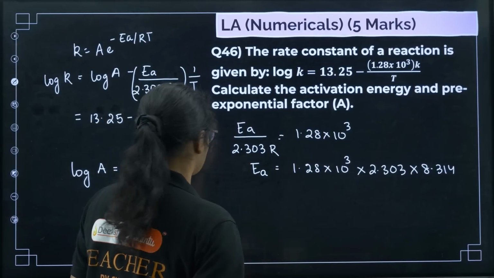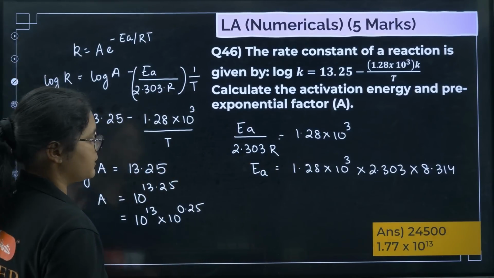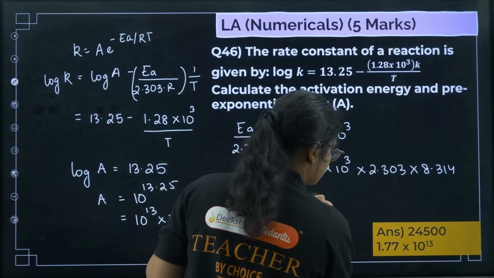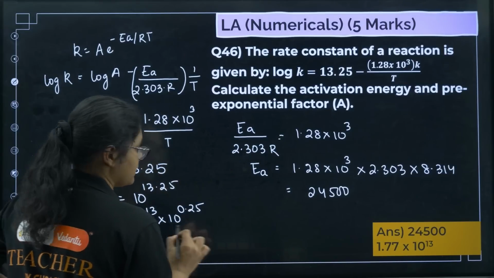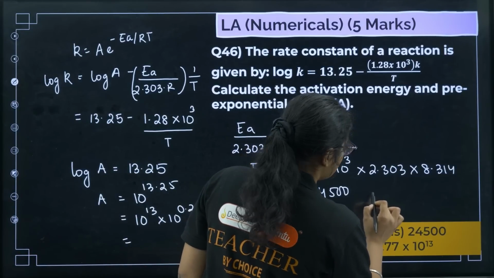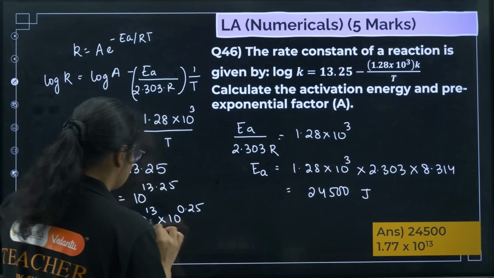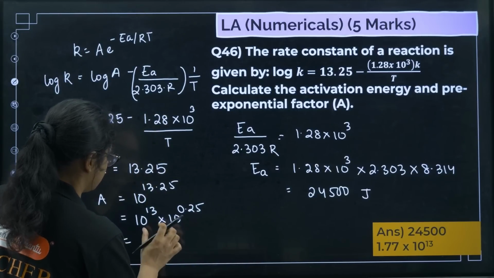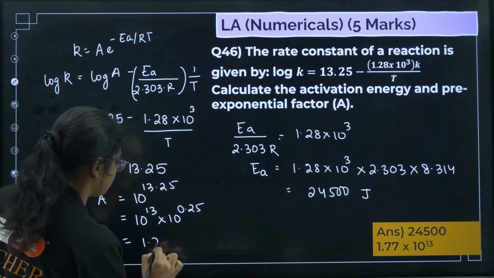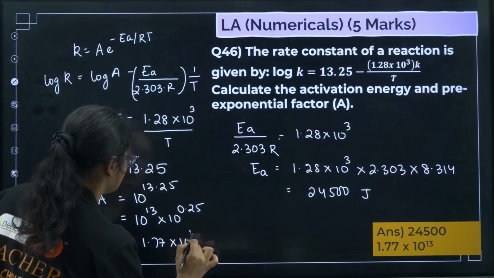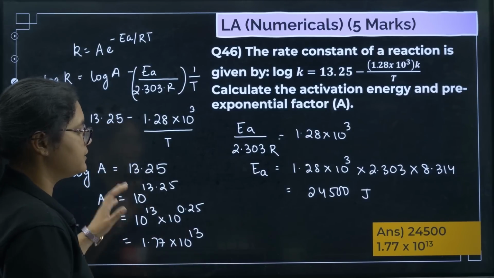Okay, now you have to solve both of these, and the answer you will be getting here for activation energy is 24500, and you can write down the units also, so joules. Here we will get the pre-exponential factor A, that is 1.77 into 10 to the power of 13. Okay, so this will be the answer.